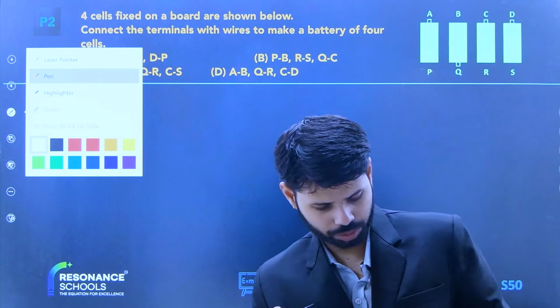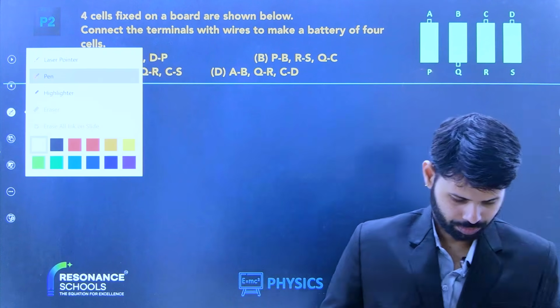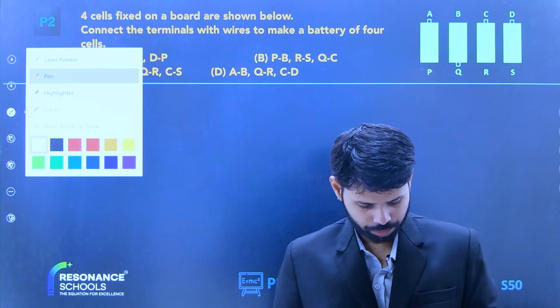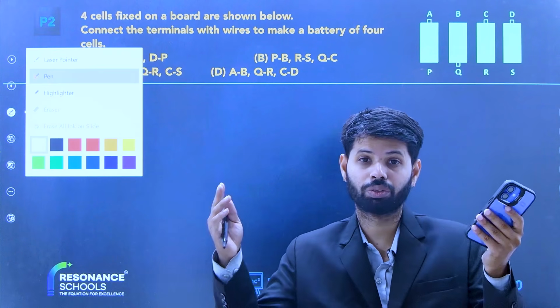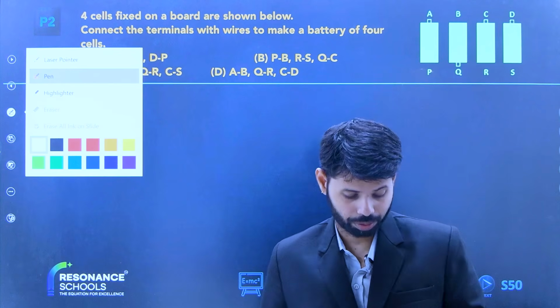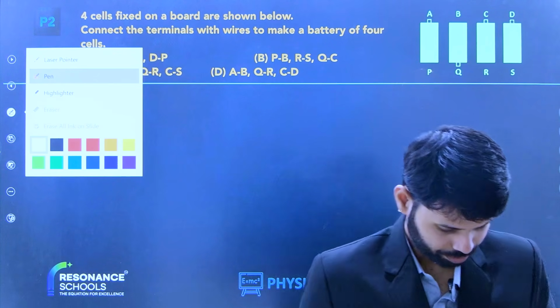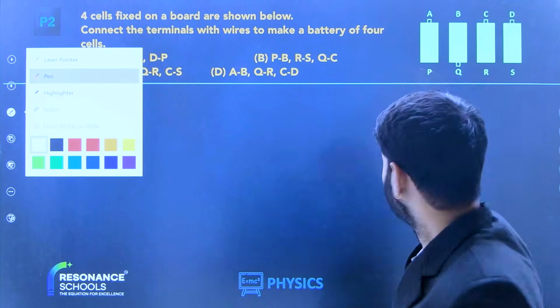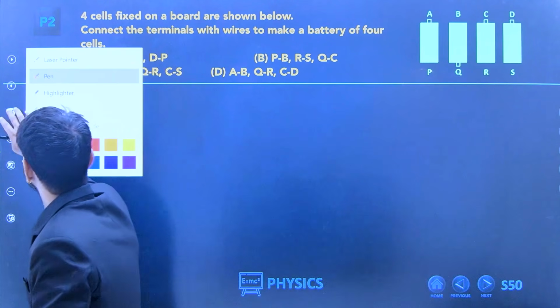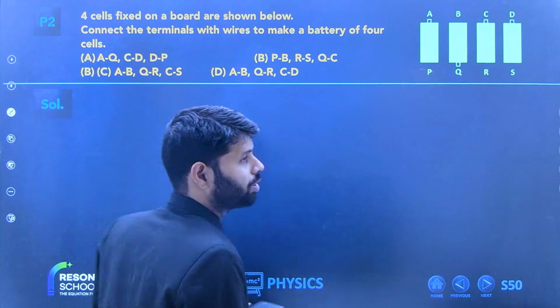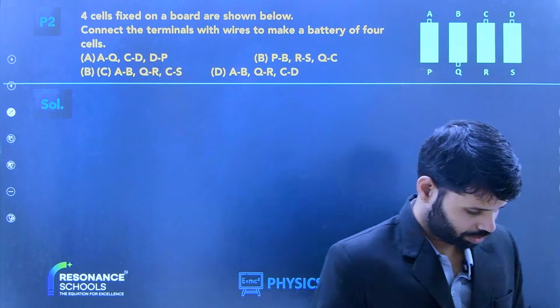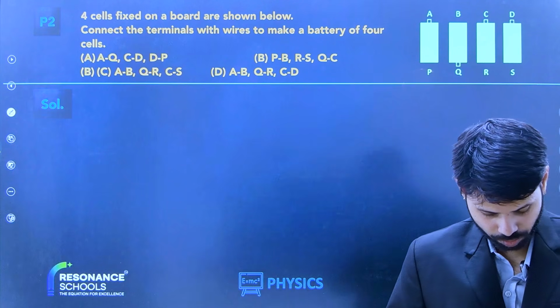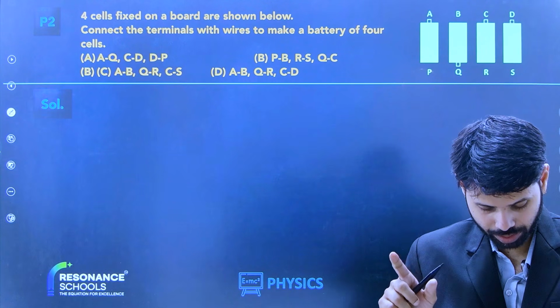Can you write how we should connect the cells? Sir, can you show the previous question? I gave you such a huge time, still you are not able to write. It should not take more than 10 seconds. Tell me how we should connect so that we get a battery.